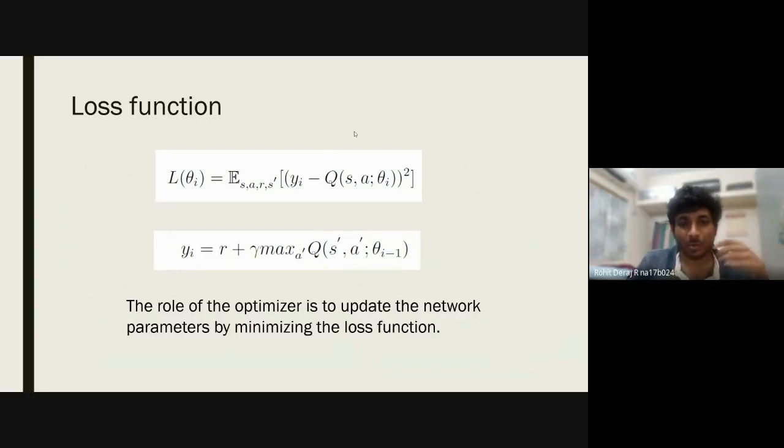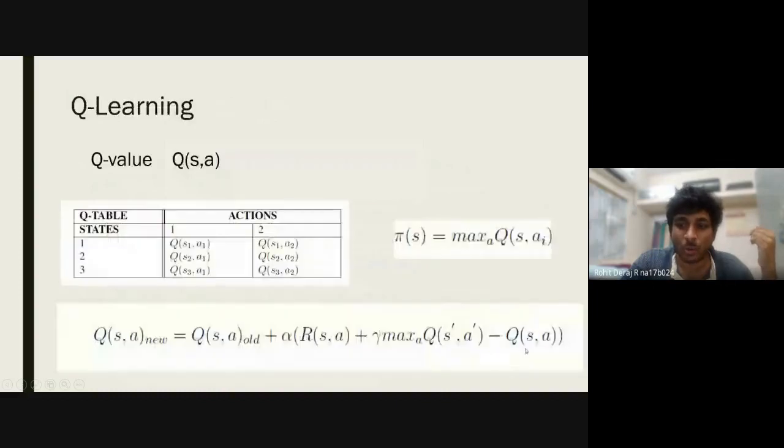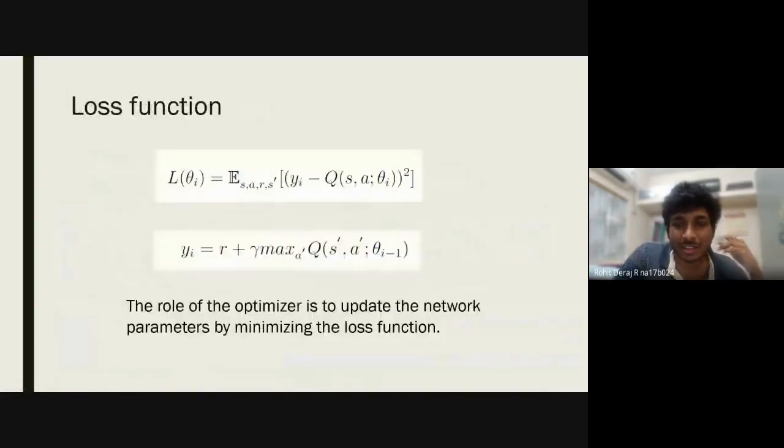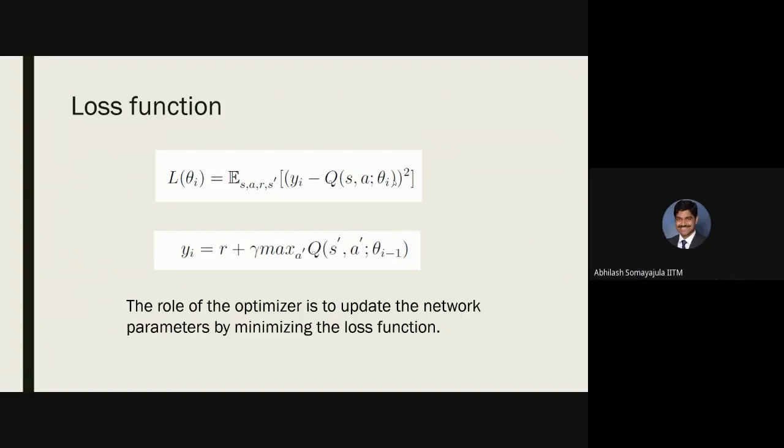So what he's asking is that in Q-learning, it was the old Q value which was subtracted, but here theta is the new value that you are trying to find. So why is that the case?